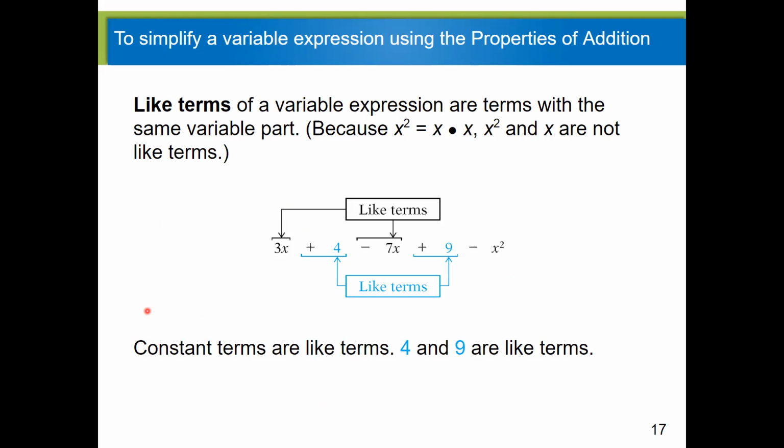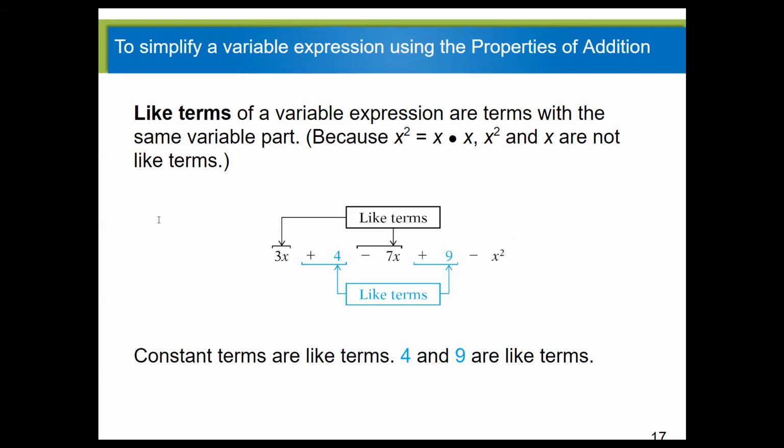For example, in the equation here, 3x squared plus 4 minus 7x plus 9 minus x squared, we have 5 different terms. We have 5 terms, but within those terms, we have 3 different types of terms, right?